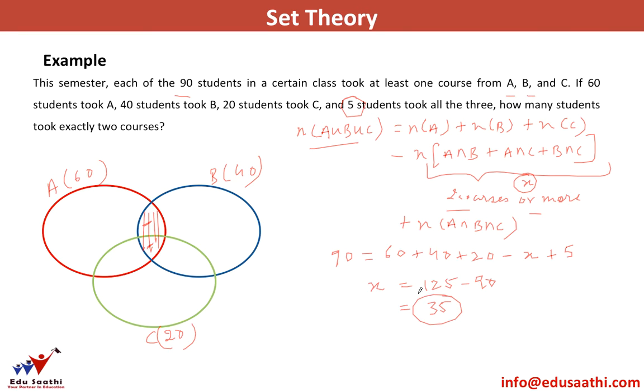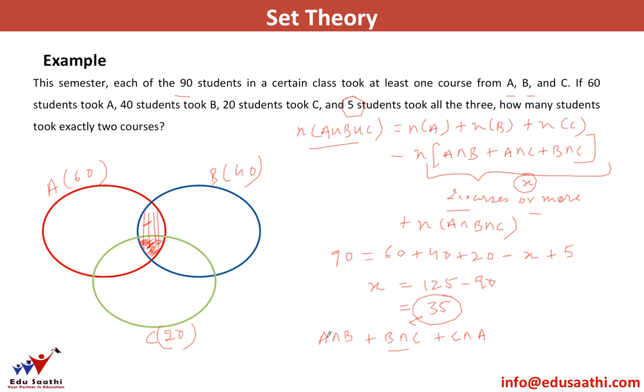Now what does this 35 represent is what you need to take care of. This 35 is A intersection B plus B intersection C plus C intersection A. Now when you take A intersection B, you count this smaller region which I am now shading once.